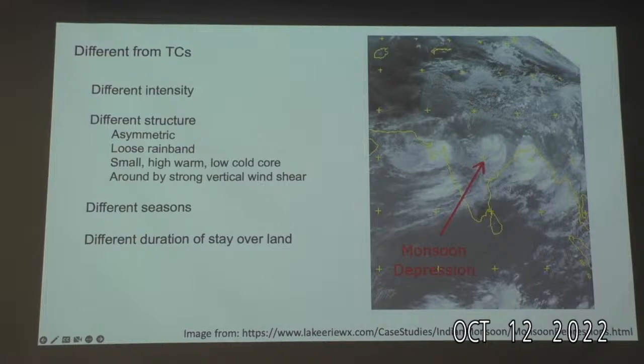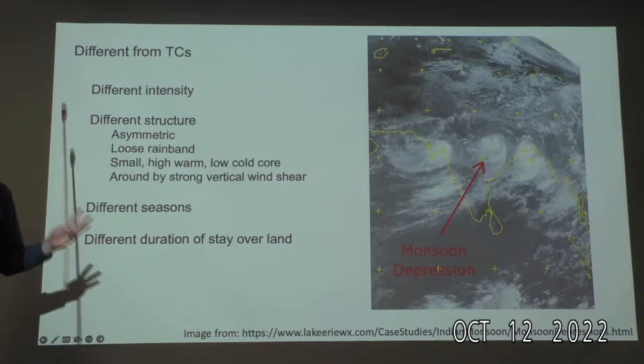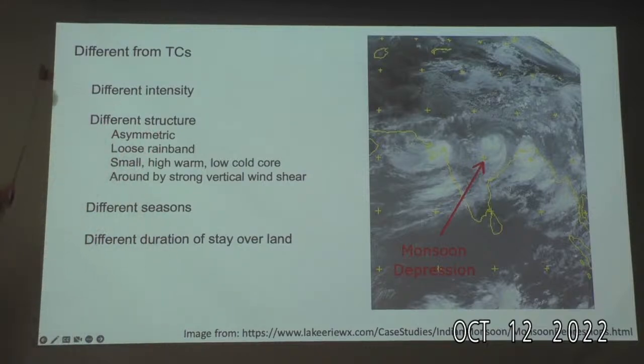After seeing the structure, many of you might be curious about how this system is different from a TC, which is a tropical cyclone. There are majorly 4 differences. The first one is they have different intensities. TCs usually tend to be stronger, and our system is weaker, of course. The second one is they have different structures.